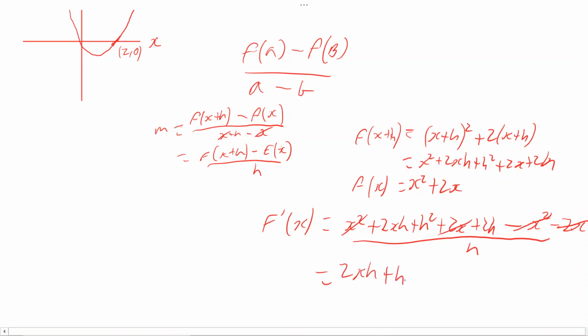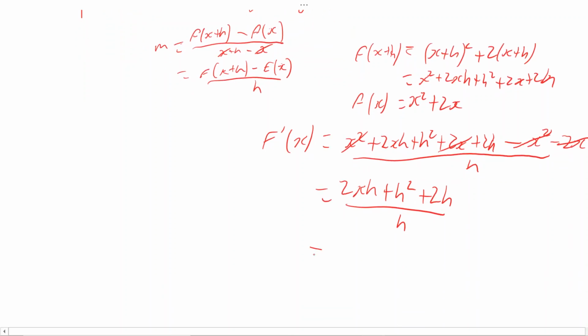2xh plus h squared plus 2h on h, which again simplifies because every term has an h in it, so the h goes out of there, h squared gone, divided by h, and divided by h. And also for each of these, you write the limit as h approaches 0, because otherwise you don't get method marks, because it's technically incorrect, otherwise it's just a bunch of random numbers really.